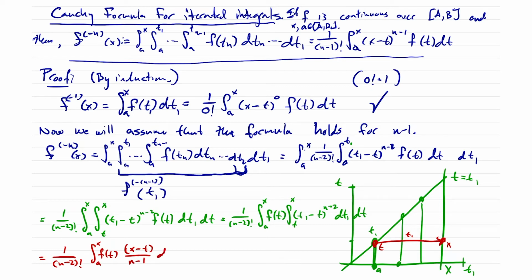And this is dt. And so then that gives us our formula, 1 over (n minus 1) factorial, integral from a to x of f of t, (x minus t) to the n minus 1 power dt, right? And there we go. That's our formula.